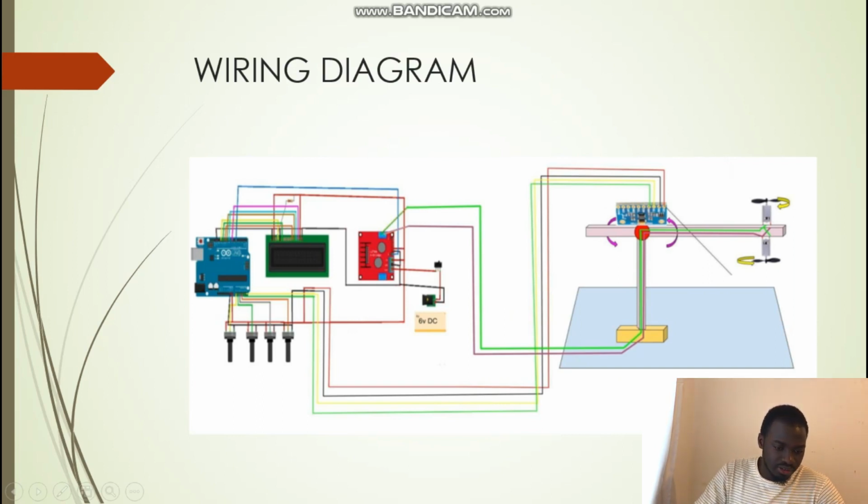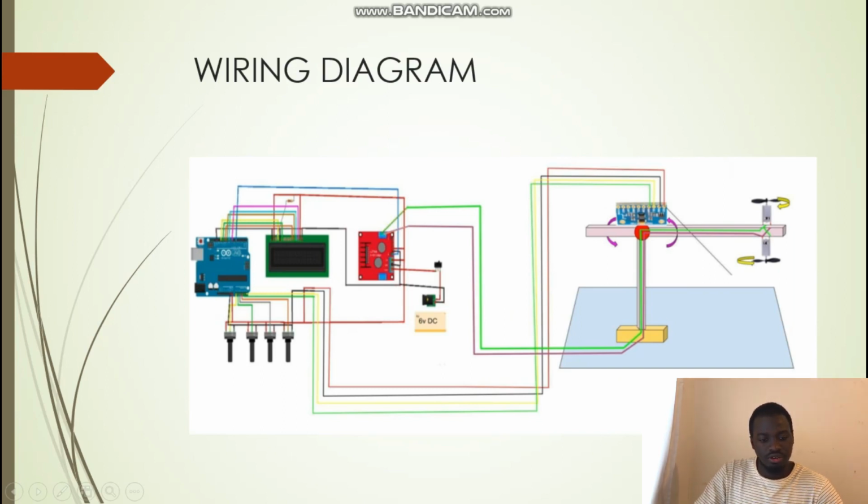This LCD display enables us to see what the KP value, the KI value and the KD value are according to the manual changing of our system. For example, we'll try to change our values to have a good performance of the system. So this display is important.